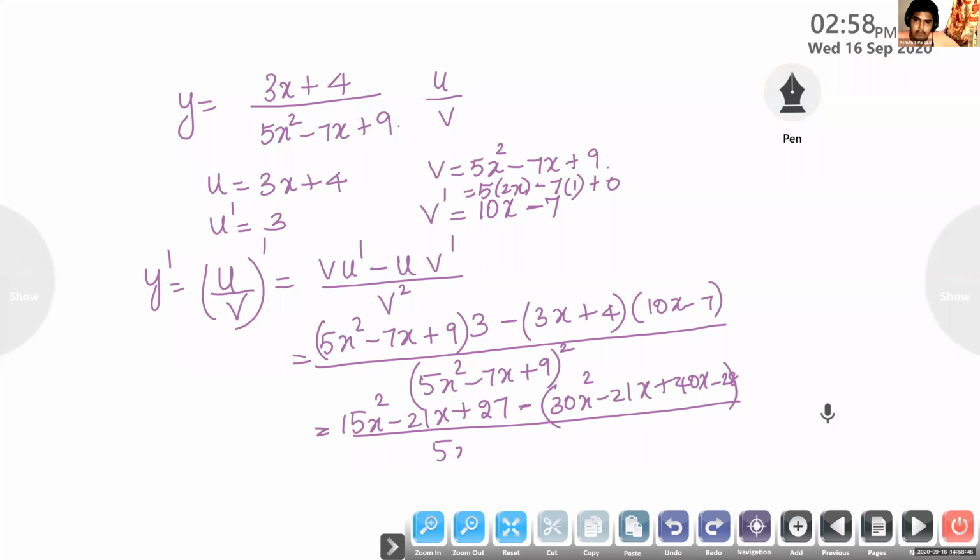No need to expand the denominator, keep it as such. In the numerator, open the bracket, group the like terms and complete this one. Is it okay?